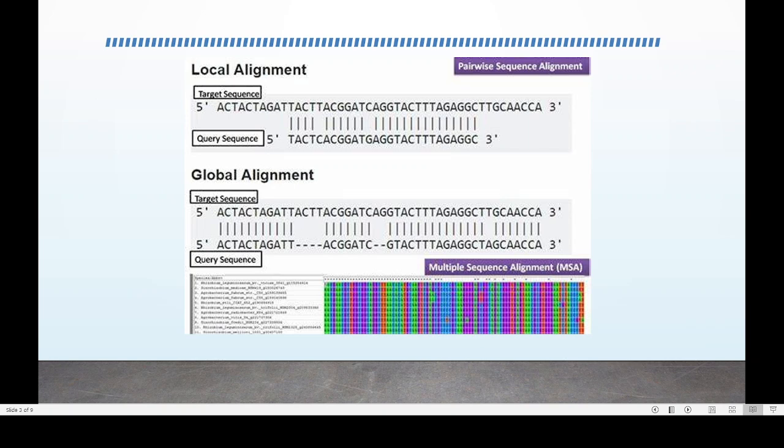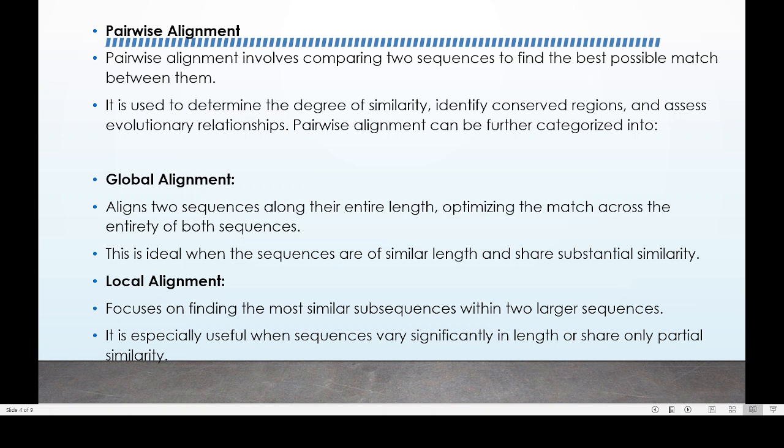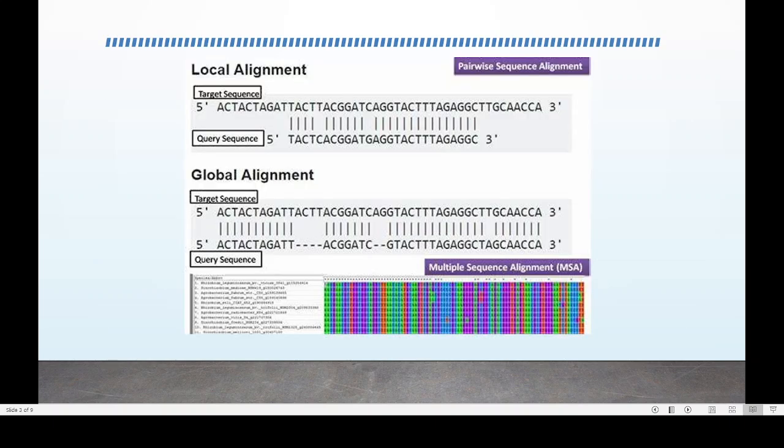One pair of sequences will be compared with each other. So pairwise alignment involves comparing two sequences. If you hear the term pair, there will be only two sequences. We compare them and try to find the best possible match between them.